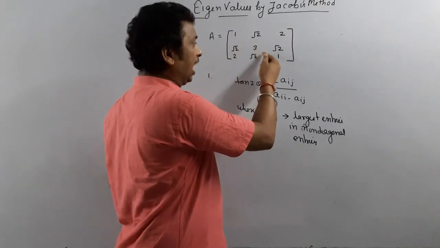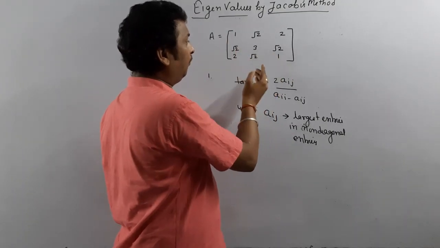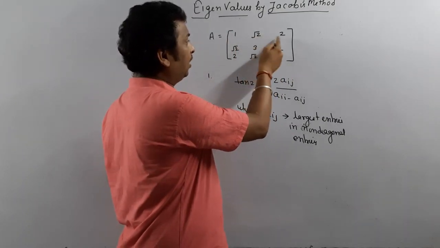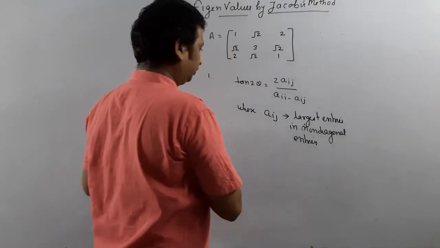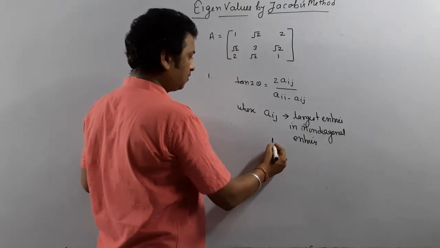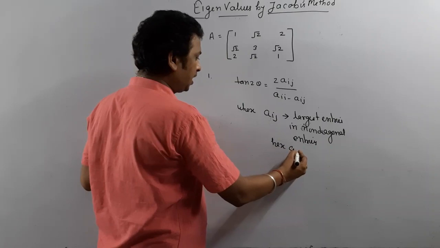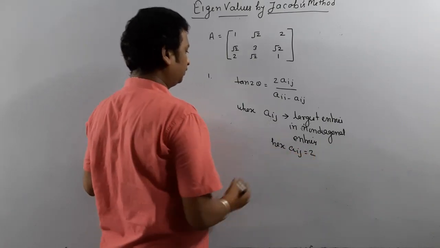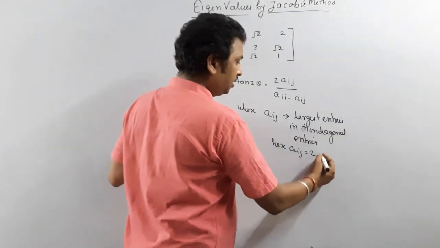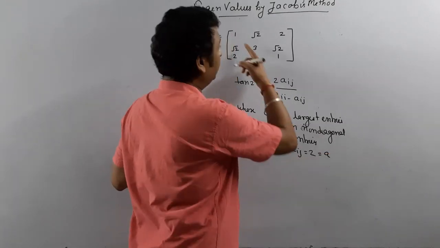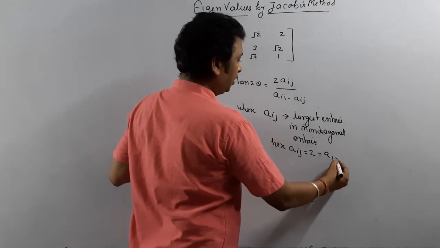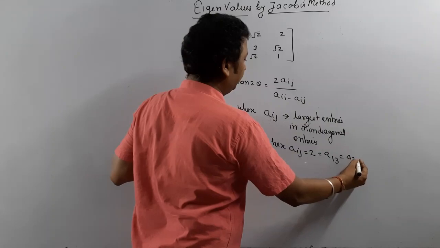This is your diagonal, so leave that one. When you see which one is largest, 2 is largest. So here aij value is 2. It means which one? A13 is equal to A31.